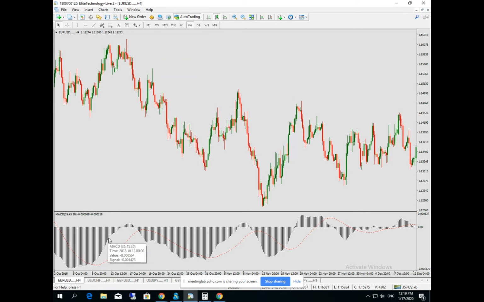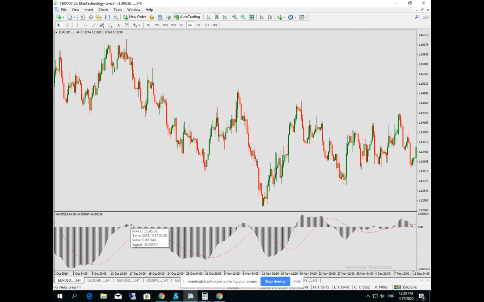And this histogram represents the short one. So when the short one crosses the long one, the 45 one, it indicates a position. It's kind of a signal, right?